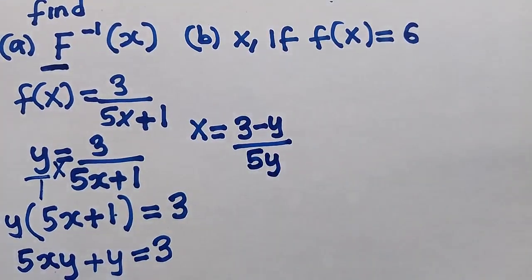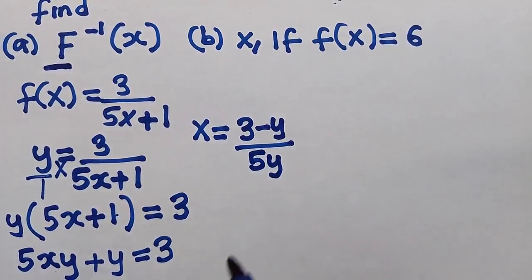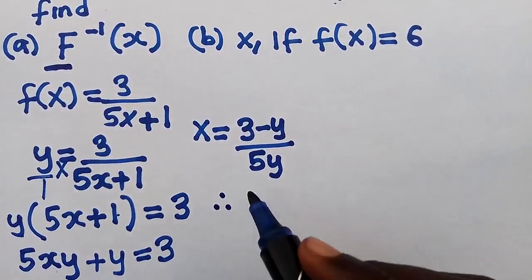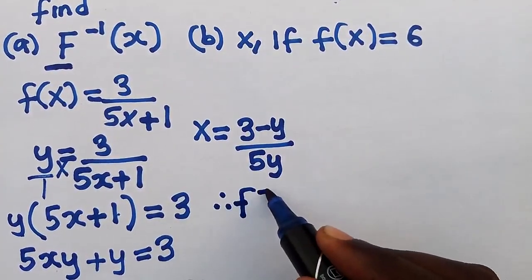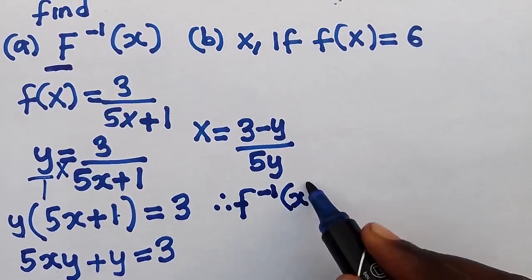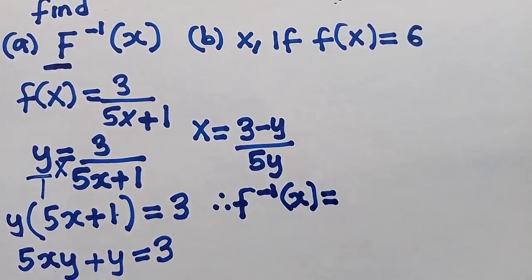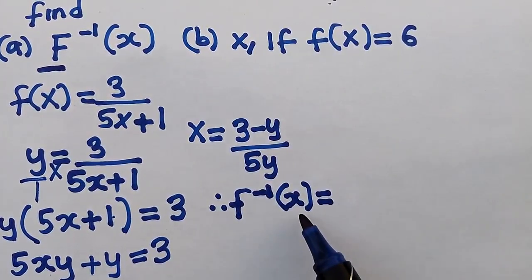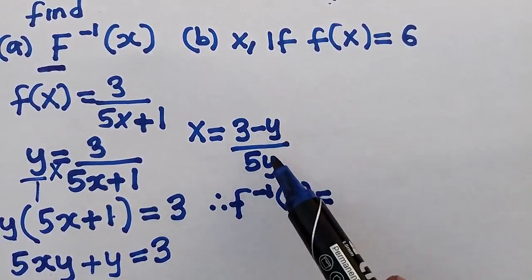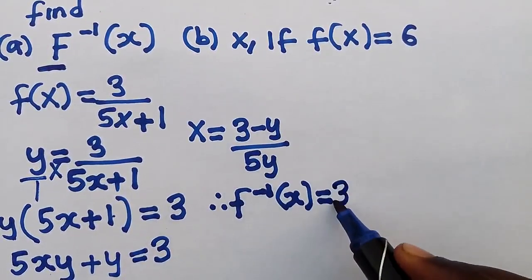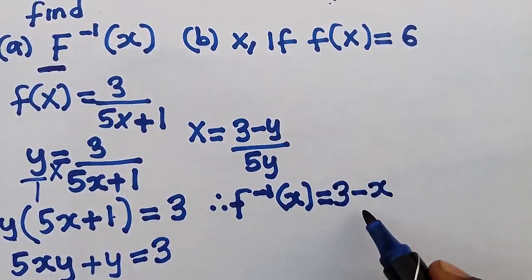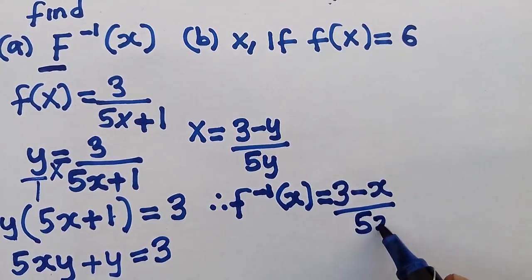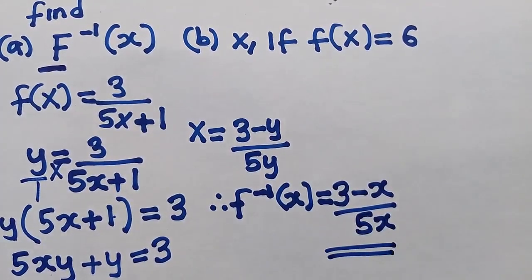Then you say, therefore, f inverse of x is equal to, what is your final answer? Since you've put x there, even here where there is y, we're going to put x. So it's 3 minus x over 5x. This is your answer. This is how you need to answer that one.